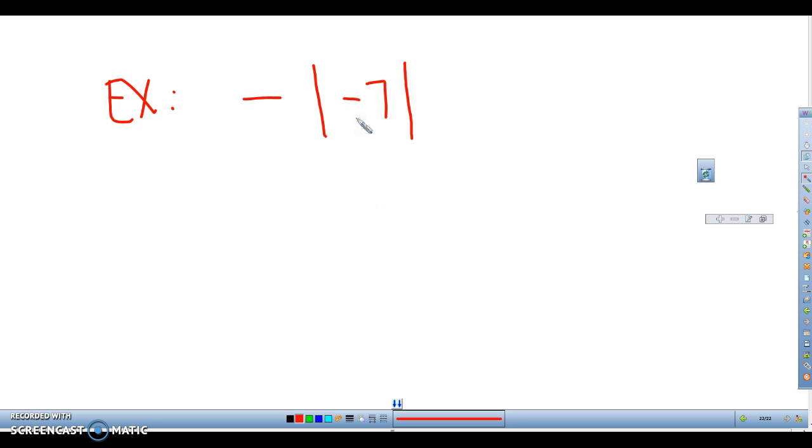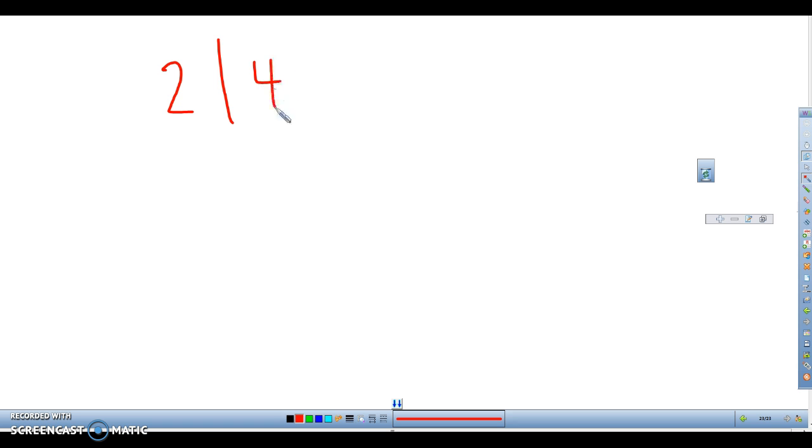So you should be taking the absolute value of -7, and the absolute value of -7 is 7. And then I take the opposite of that, which gives me -7. So I can also put a number in front of the absolute value sign, just like I can put that opposite sign there.